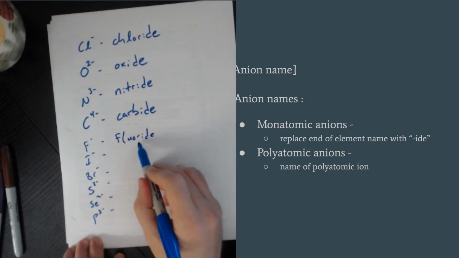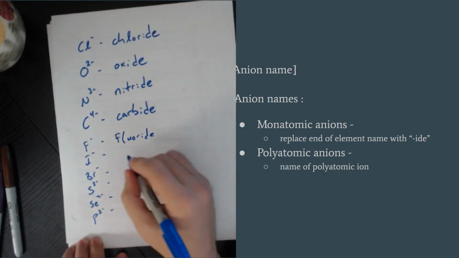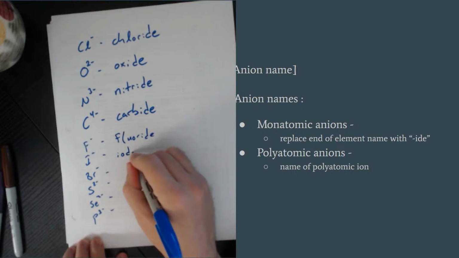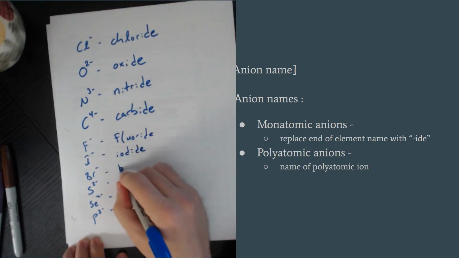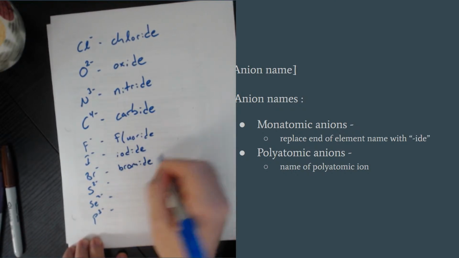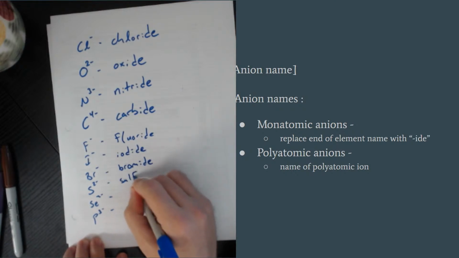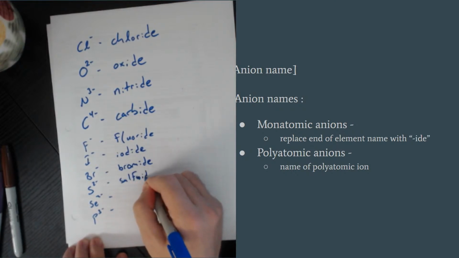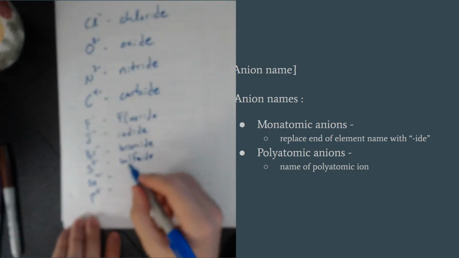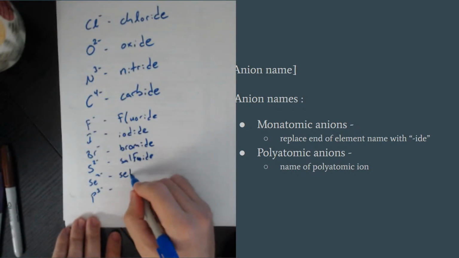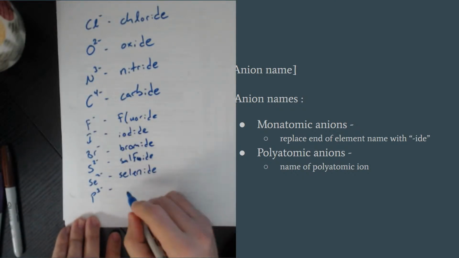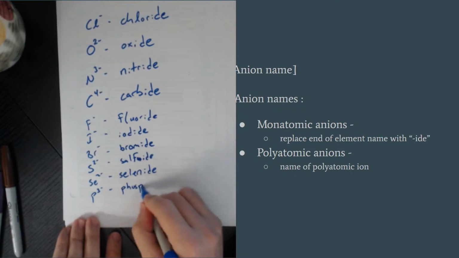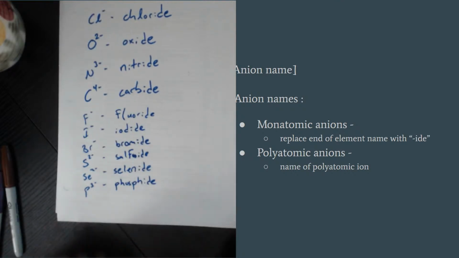Note that it's UO, not OU. Iodine becomes iodide. Bromine becomes bromide. Sulfur becomes sulfide. Selenium becomes selenide. Phosphorus becomes phosphide.